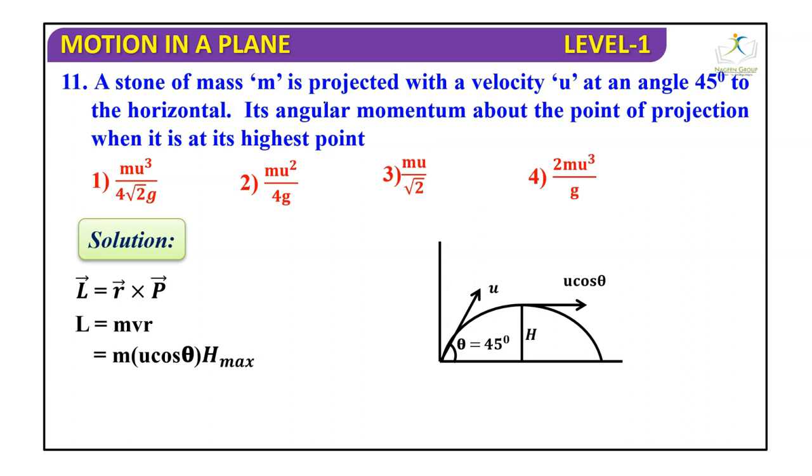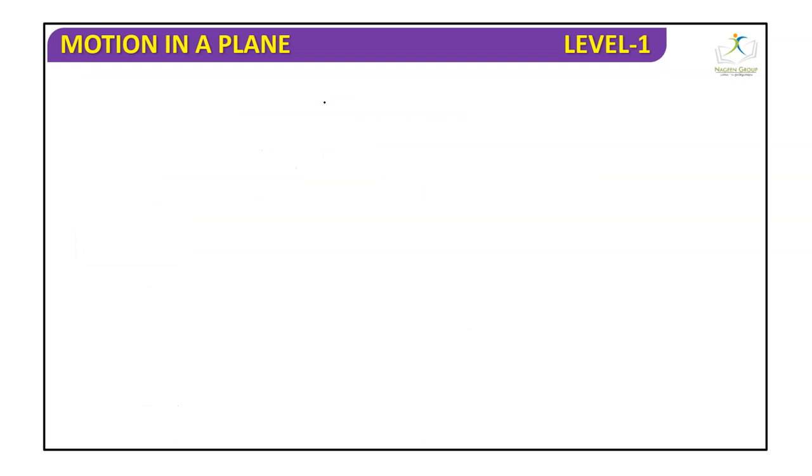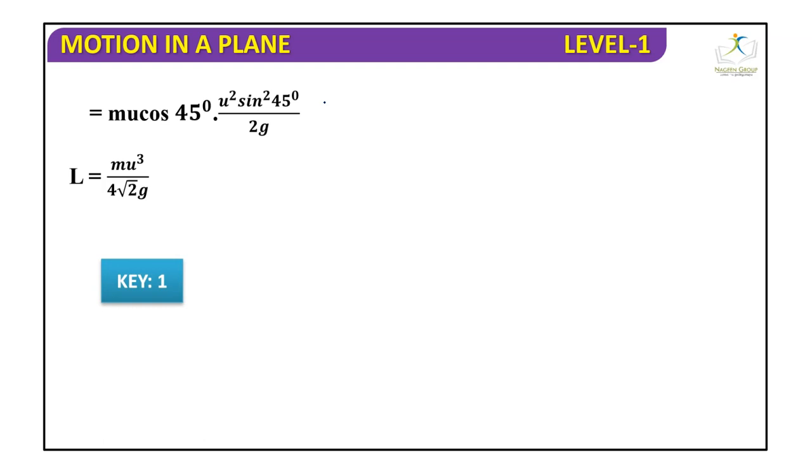So L equals m times u cos theta times h max, that is m times u cos theta times u square sin square theta by 2g. This will be mu cos 45 degree times u square sin square 45 degree divided by 2g. So L equals mu cube by 4 root 2 g, which is the first option.